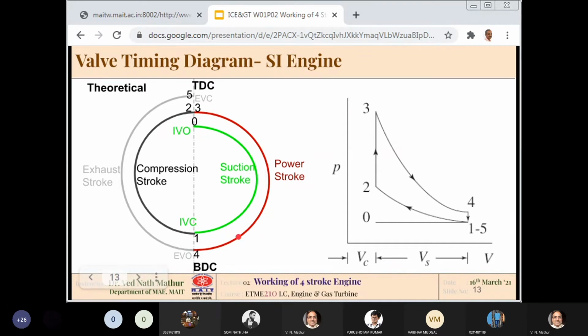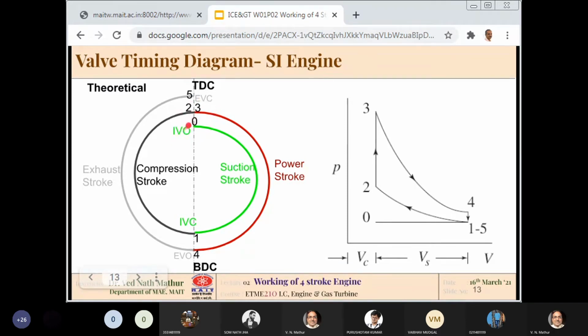Then we have compression, combustion, and then again the exhaust valve can open slightly before bottom dead center position, and then exhaust takes place, and some exhaust gases remain at this point. The inlet valve is already open for the next cycle slightly before top dead center. Now you can take advantage of this: the inlet gases coming in will push the exhaust gases.